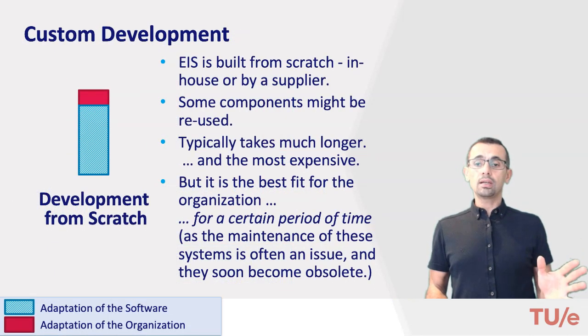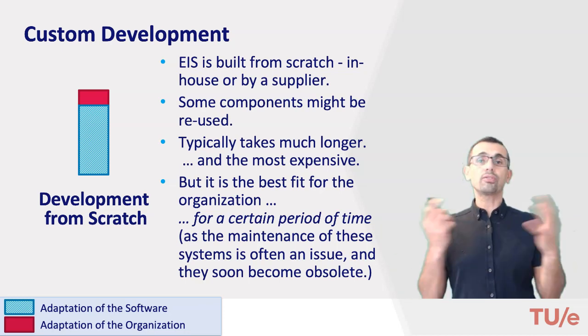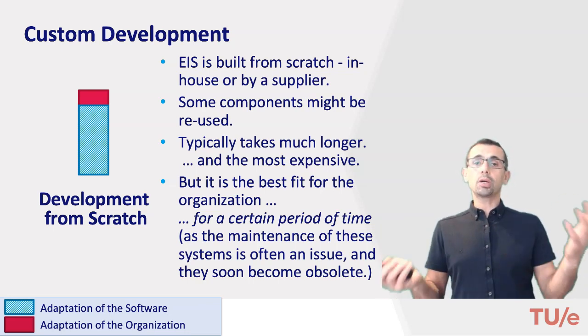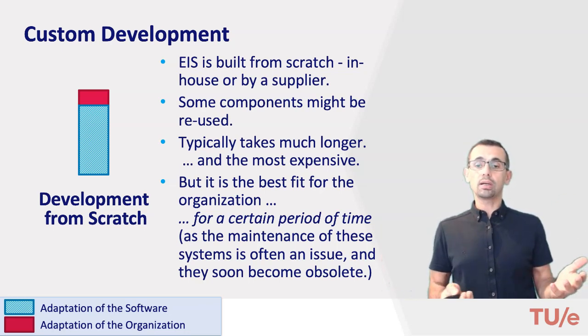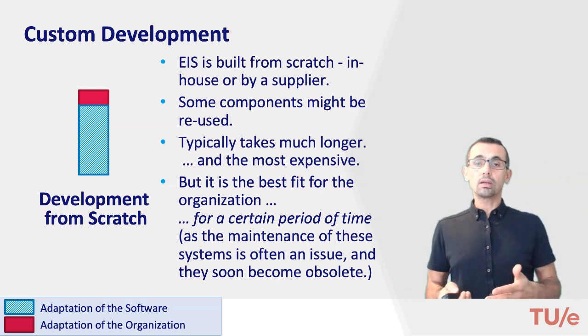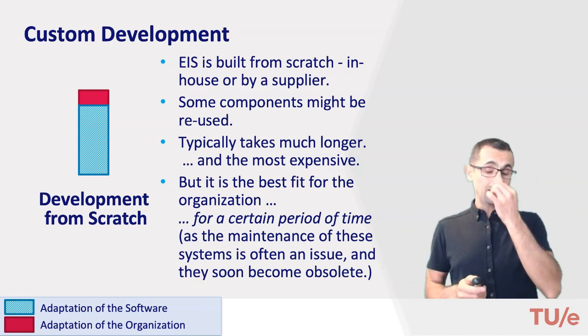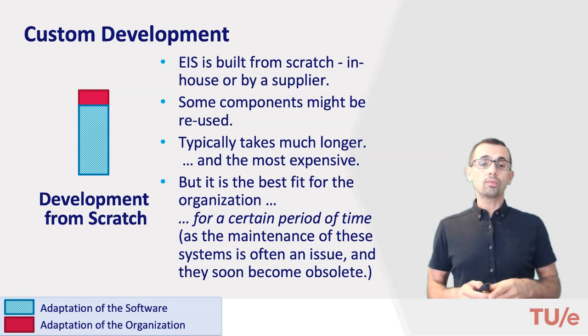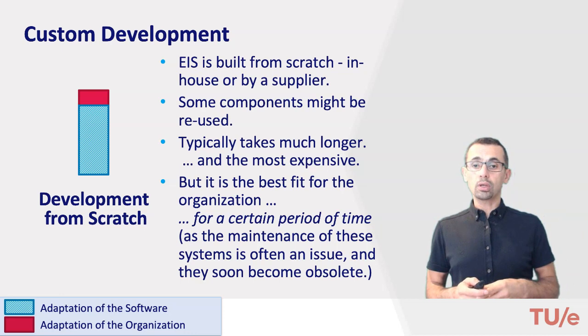Okay, let's dig a bit deeper and start our discussion with the extreme case, where the enterprise system is built from scratch, and what we call custom development, which was the only option available in the 60s, 70s, and partly even 80s, when ready-made enterprise systems were not commonly available.